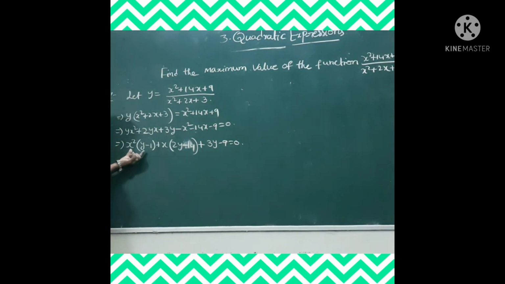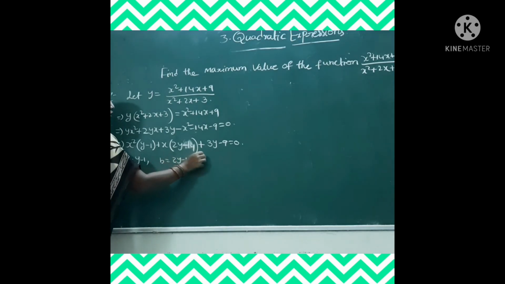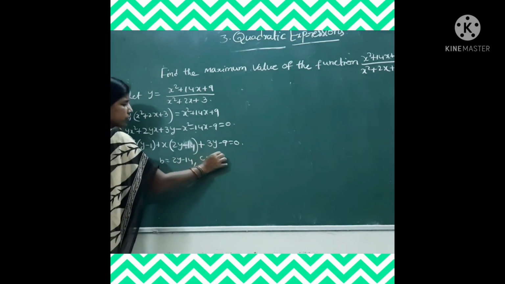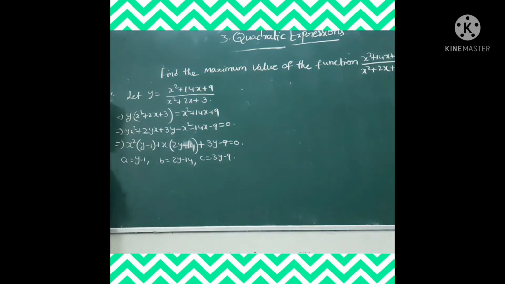So here x square term, x term and constant. So ax square plus bx plus c is equal to 0. This is the quadratic equation, where a is equal to y minus 1, b is equal to 2y minus 14 and c is equal to 3y minus 9. Okay.